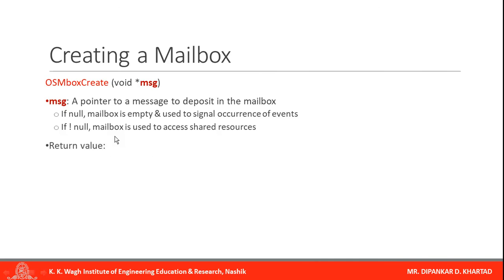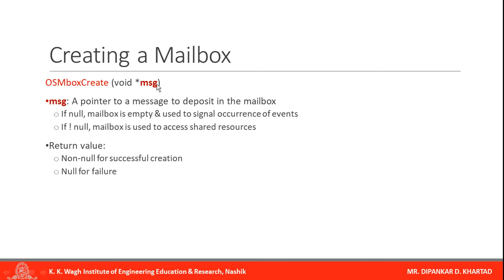It will return some errors. First one, non-null for successful creation, means if it returns a non-null value, then successful creation of the mbox is done. Now if it returns the null value, then the mbox is not created properly, so it fails to create the mbox.